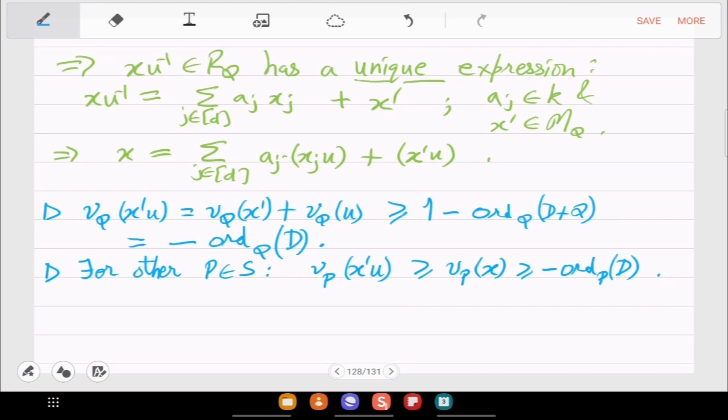So I think I have missed this calculation. Something here is missing.